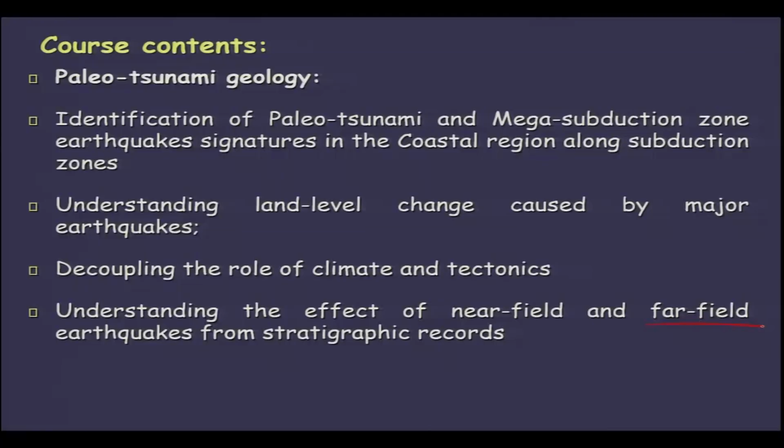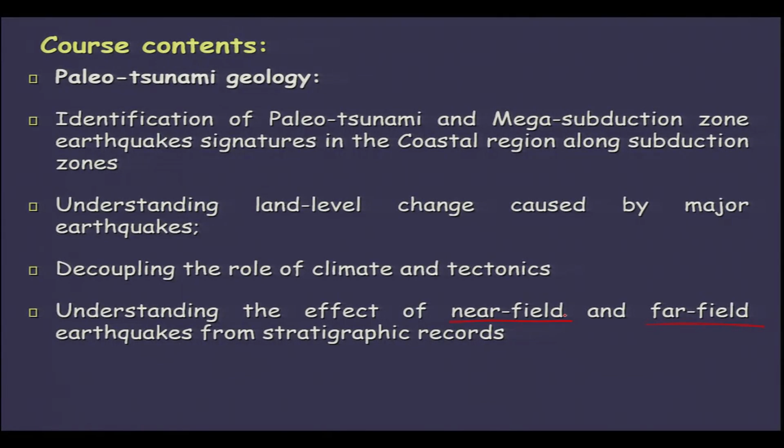We experienced the 2004 earthquake, which was a far field earthquake, located very far: if we talk about Port Blair, more than 500-600 kilometers, and if we talk about the southernmost tip of India, the Great Nicobar or Campbell Bay, almost 300 to 400 kilometers.